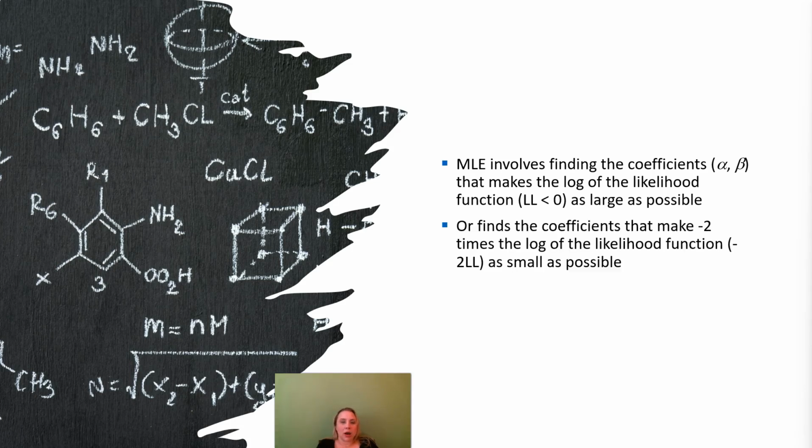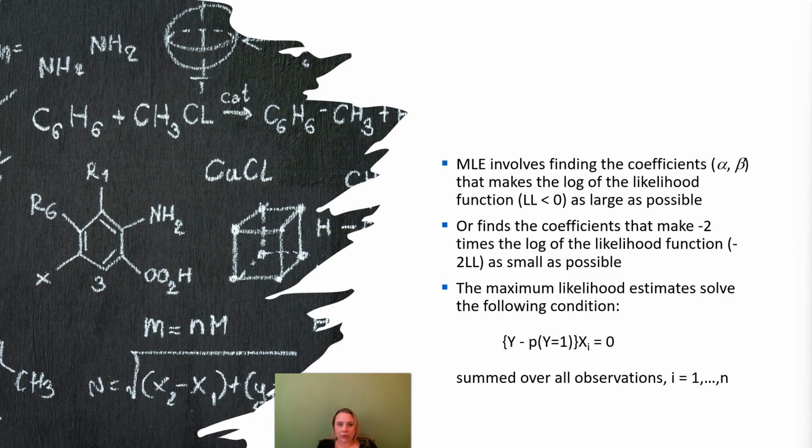You might also think about it as a way of finding coefficients that make -2 times the log of the likelihood function as small as possible. This function is set to find, following the condition where y minus the P of y equals 1 given xi equals 0. We sum that over all of our observations, 1 to however many we have.